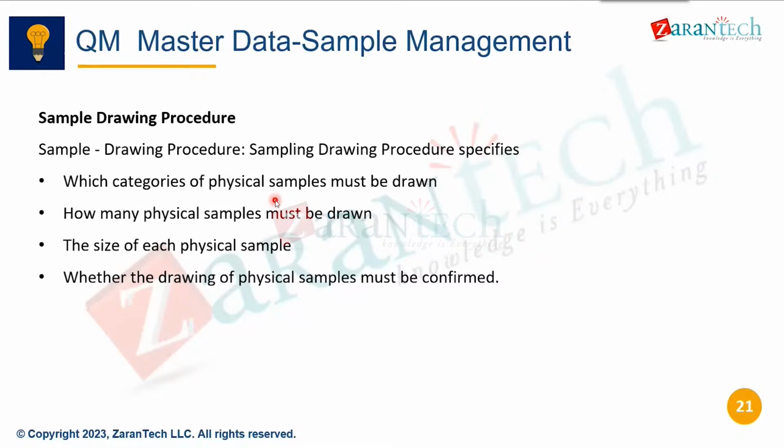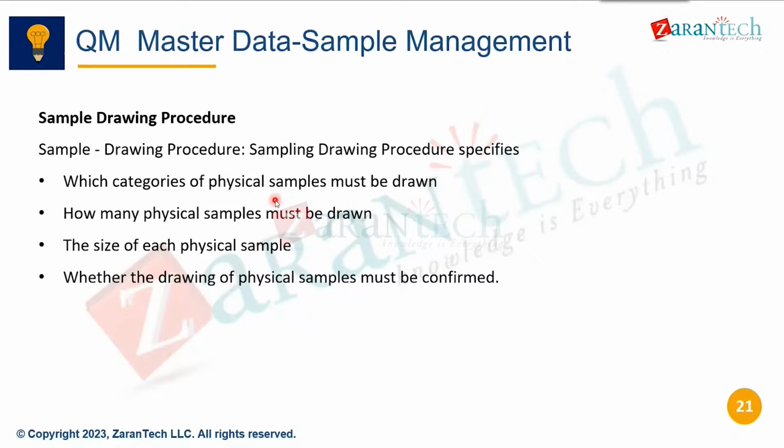So there is a sample record in the system, and against the sample record all the inspection information will be recorded. They have sample labels, everything will be there. So they need one identity for that physical sample. Because of that, in the system for this kind of samples, we use the sample drawing procedure.